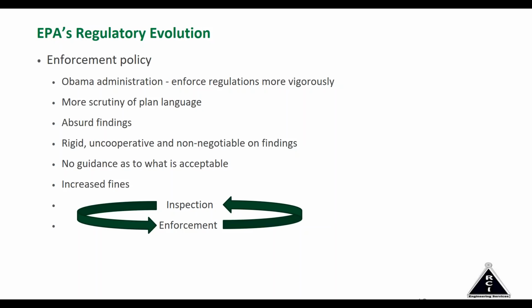Also, they've become a lot more rigid and uncooperative when it comes to findings like that. Trying to get those findings removed from the inspection report before it goes to the enforcement people has become very difficult.